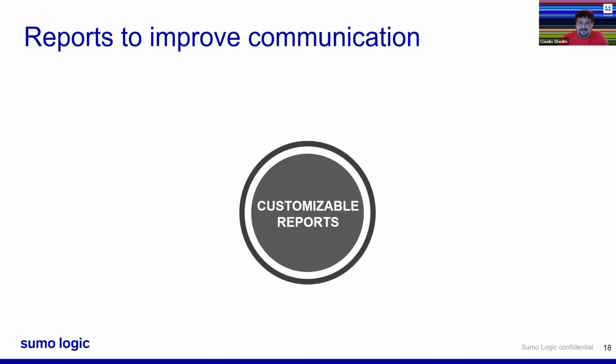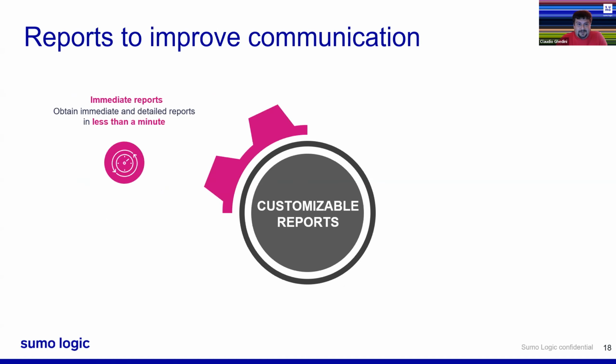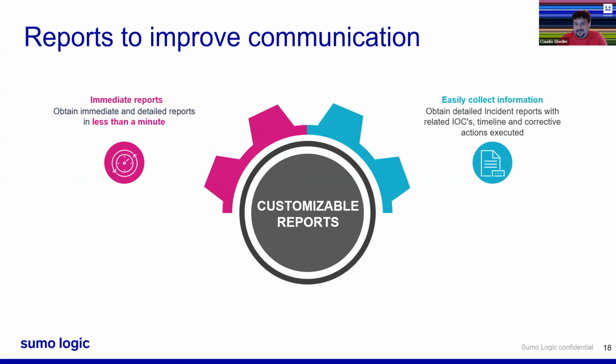So reports are very helpful to improve communication. You can obtain detailed and quick reports in less than a minute. You can easily collect information inside the report related to the incident with all the actions and the IOCs that are involved.